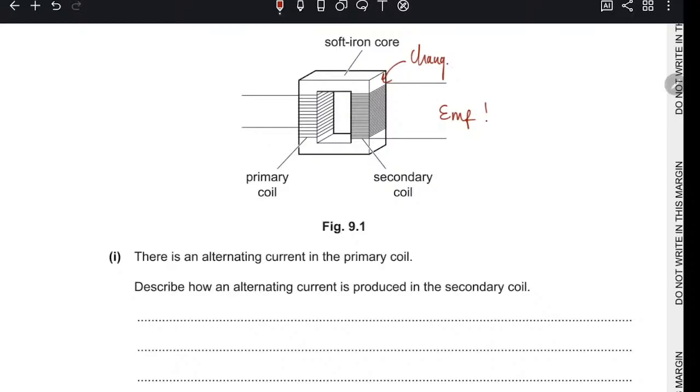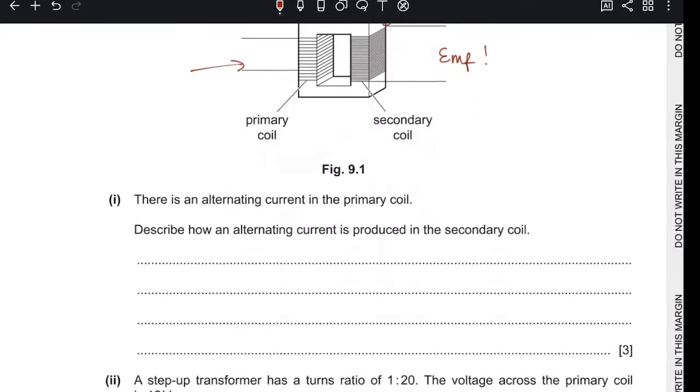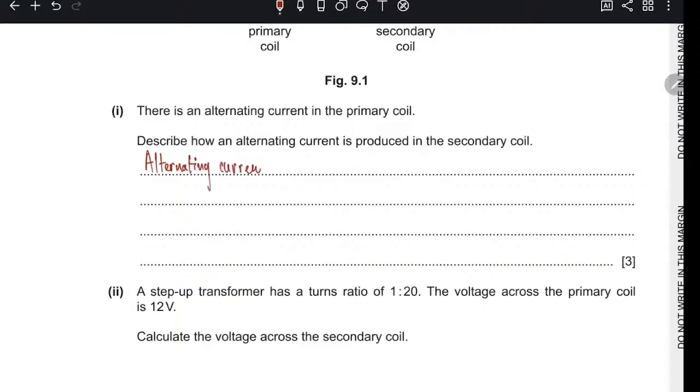So let's talk about it. You say alternating current in the primary coil generates a changing magnetic field.